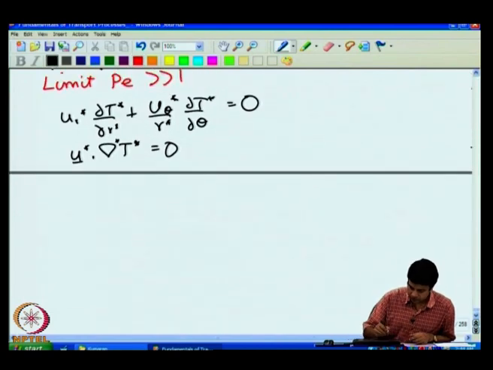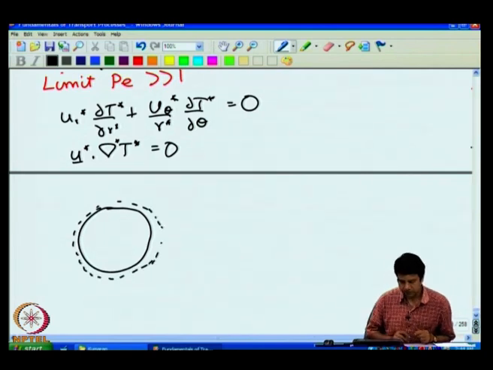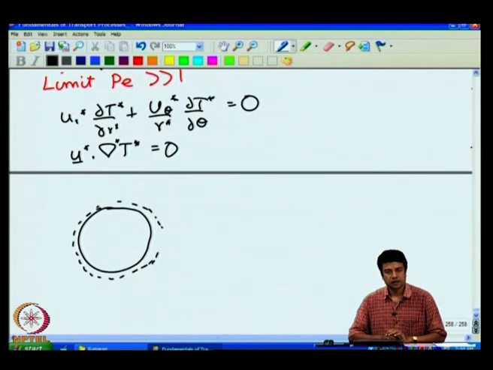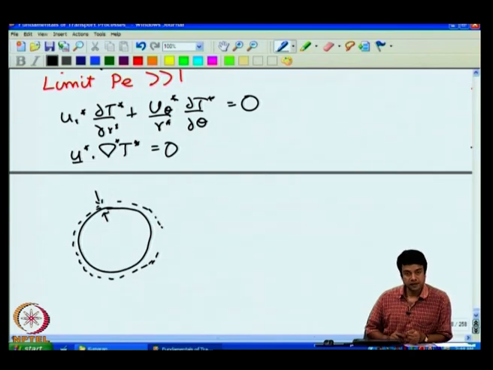So, what we have to do now is to postulate the presence of a layer near the surface, where the effect of heating from the sphere penetrates into the fluid. What should be this distance, the length scale?